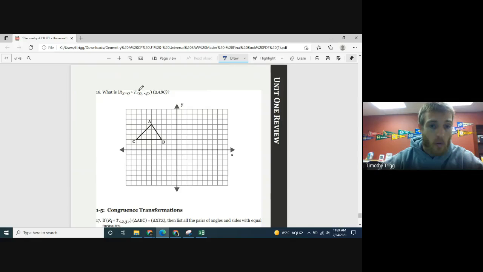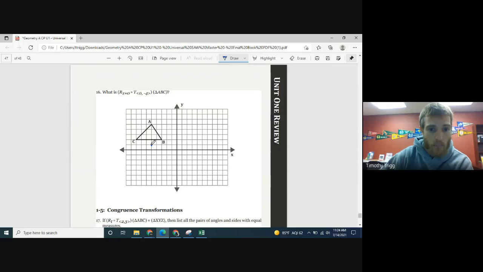So the first thing we're going to do is translate 0, -4. So we're going to take our pre-image and translate 0 left or right, and then 4 down. So for each of these points, let's look at point A to start. 0 left or right, and then 4 down. 1, 2, 3, 4.